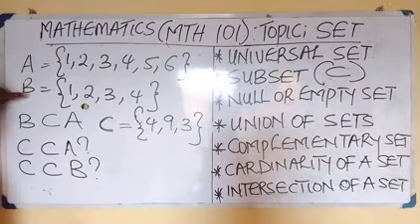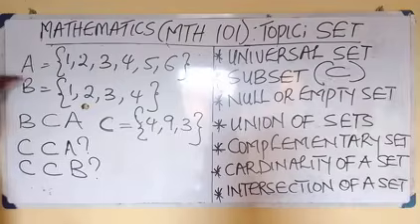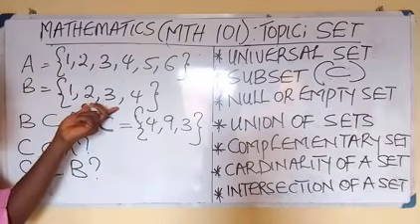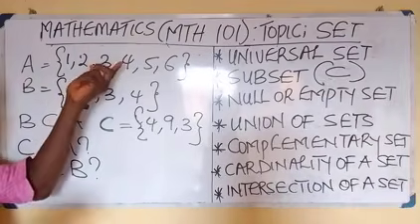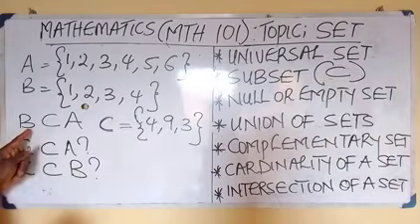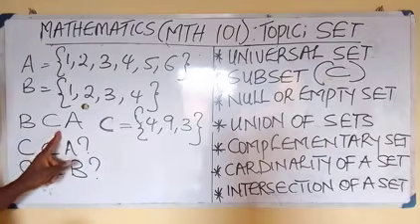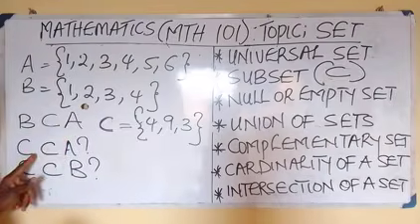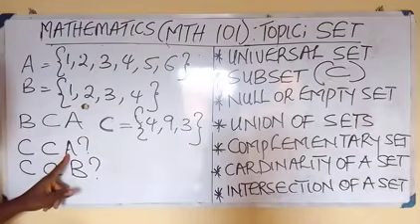Of course, set B is a subset of A because all the elements found in B are found in set A, right? So set C, I have 4, 9, 3. Is C a subset of A?